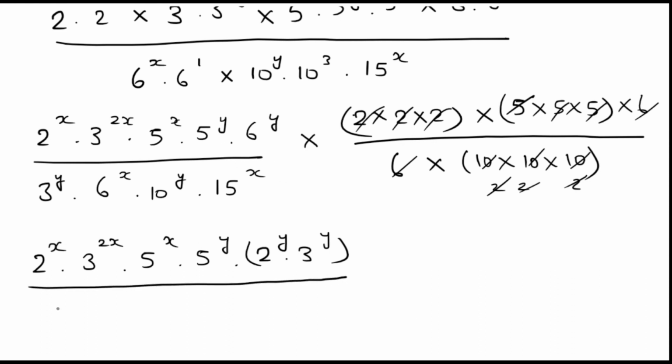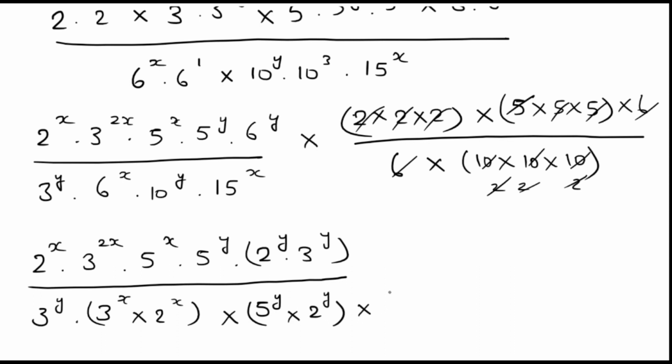The whole divided by 3 to the power y into this 6 to the power x, I am writing as 3 to the power x into 2 to the power x into 10 to the power y, I am writing as 5 to the power y into 2 to the power y into 15, I am writing as 5 to the power x into 3 to the power x.